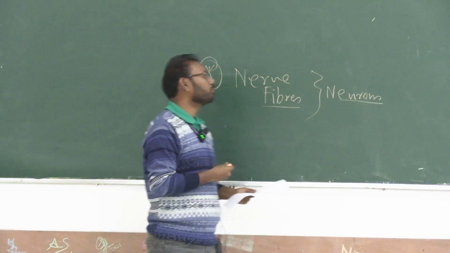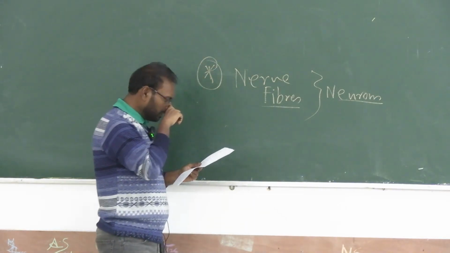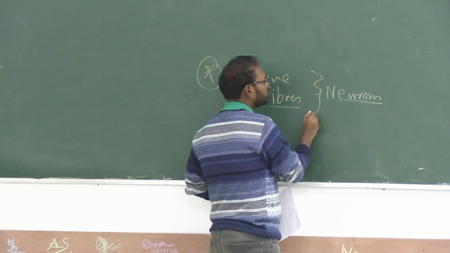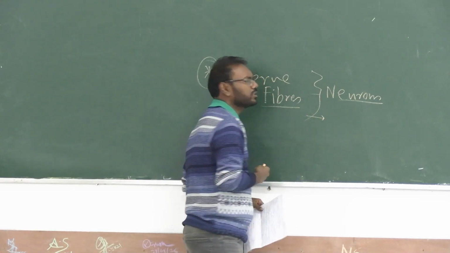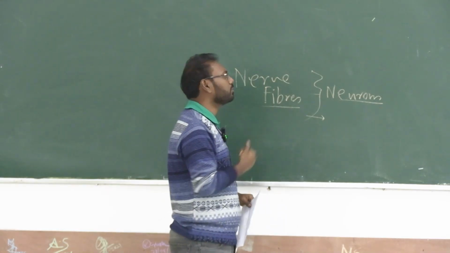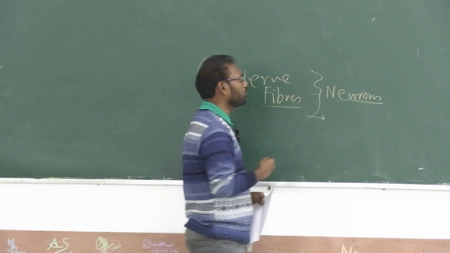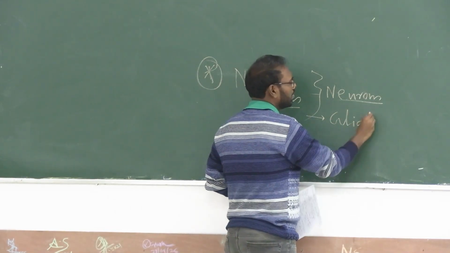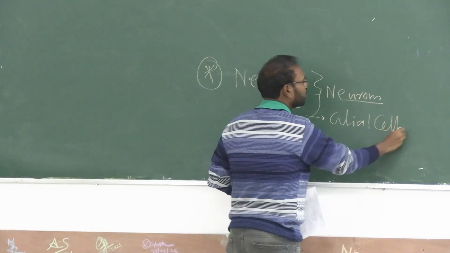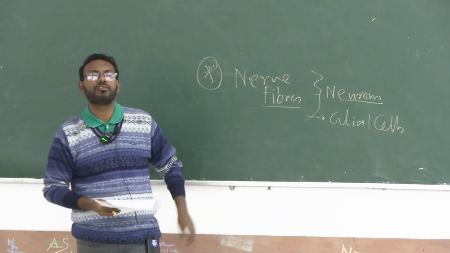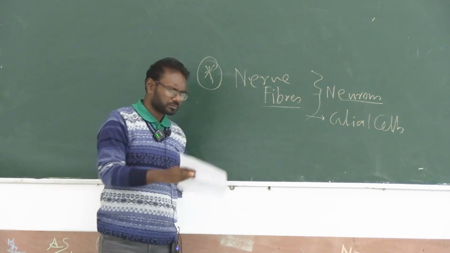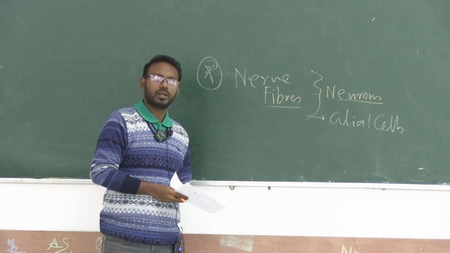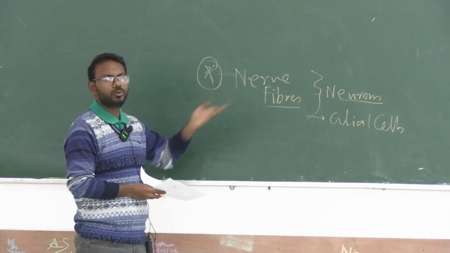So the nerve fibers are actually two types. First is neurons, and second, they are not nerve fibers, but they are other kinds of cells which are present in your nervous system. They are also called glial cells. These neurons and glial cells together take a very important part in maintaining a structure which is supposed to convey the neural information from one end to another.